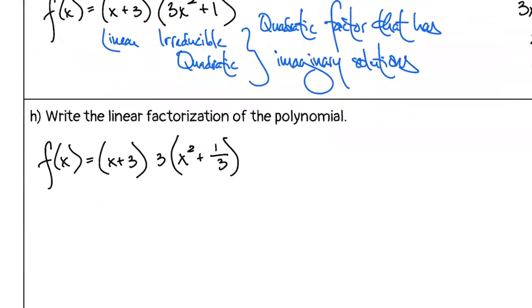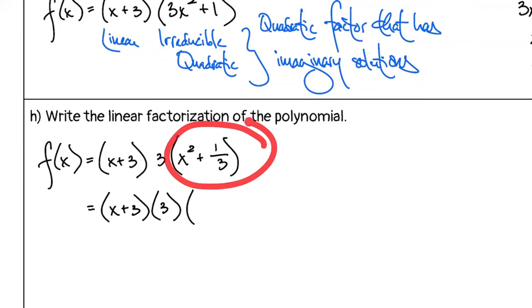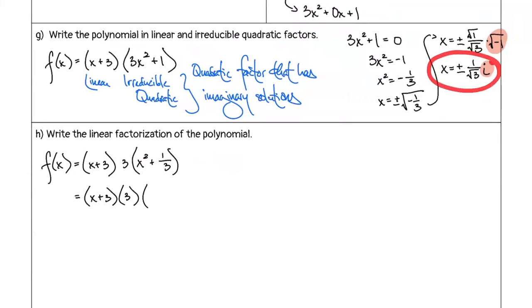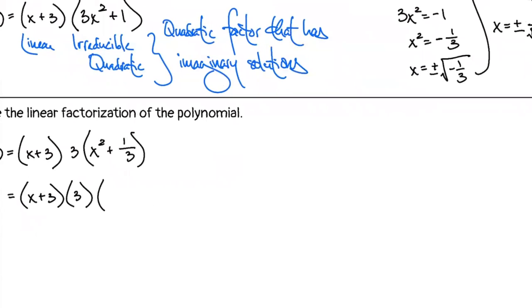All right. Now we have our x plus 3 times 3. And if I factor x squared plus 1/3, I'm going to get x plus 1 over root 3 i and x minus 1 over root 3 i.